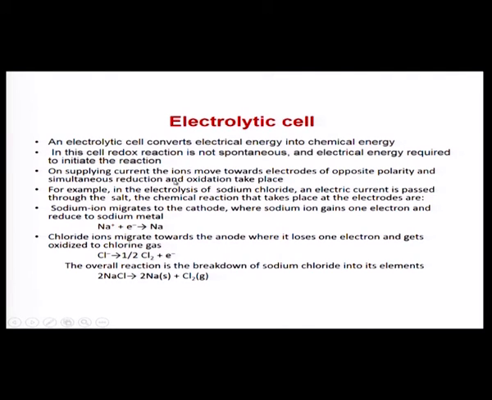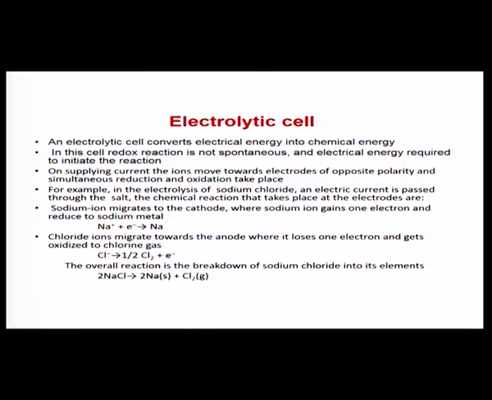On supplying current, the positive ions and negative ions move towards the appropriate electrodes, those with opposite polarity, and simultaneous reduction and oxidation take place at the electrodes: oxidation at the anode, reduction at the cathode.